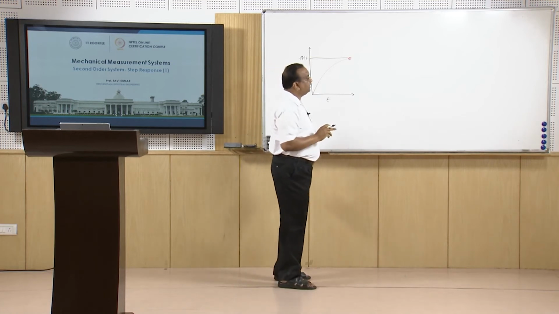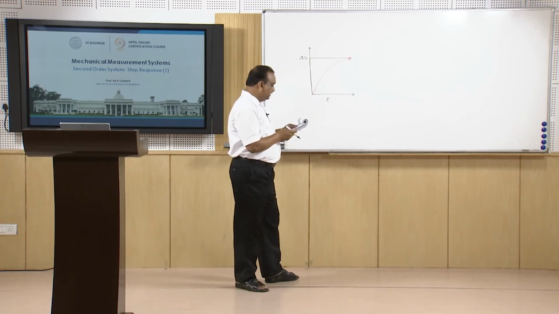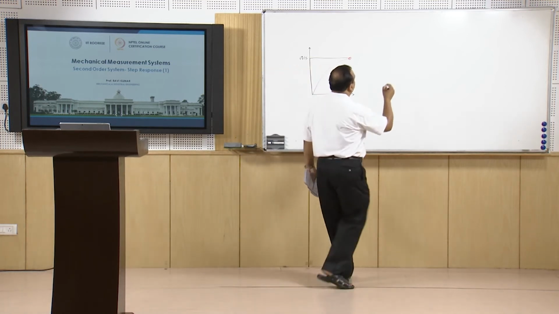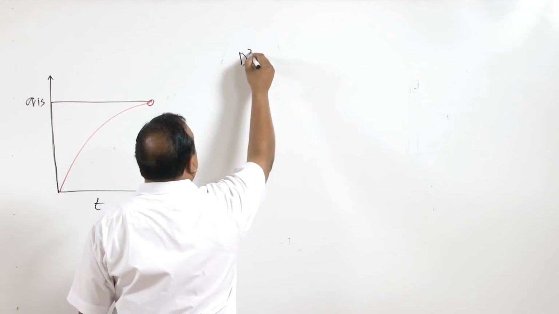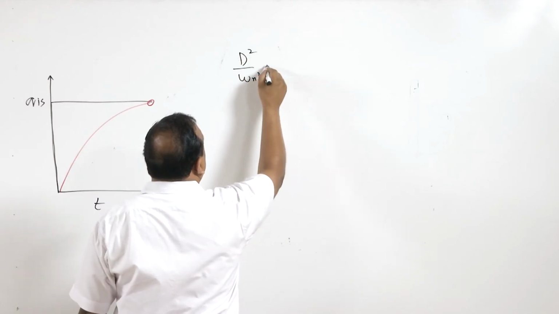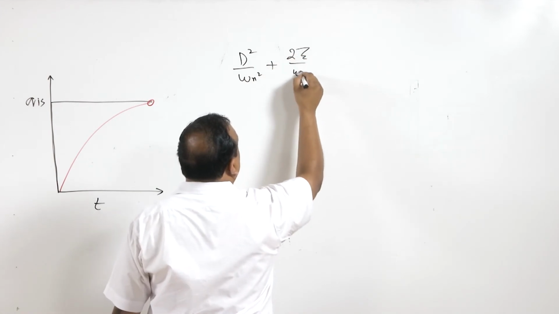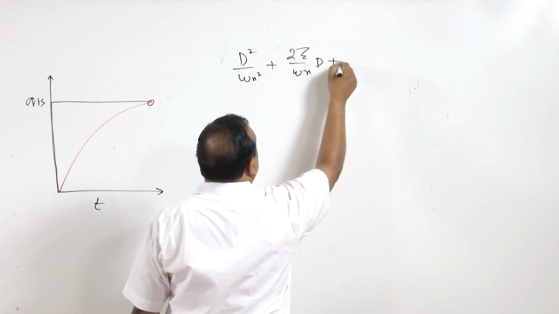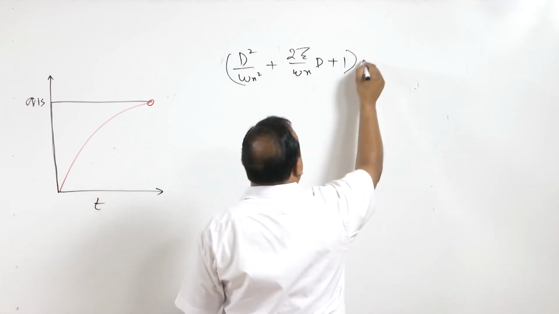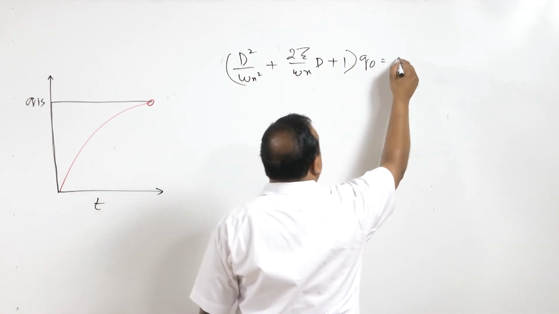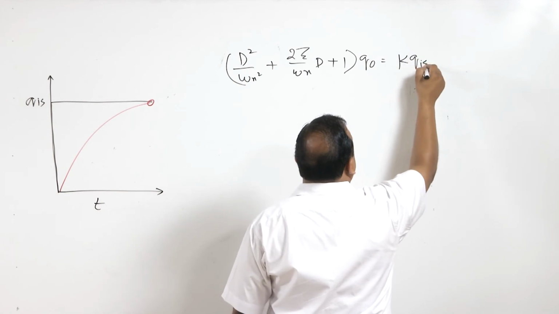First of all, let us start with the basic governing equation for the second order system: D square by omega n square plus 2 zeta by omega n D plus 1, times QO, is equal to K QIS.